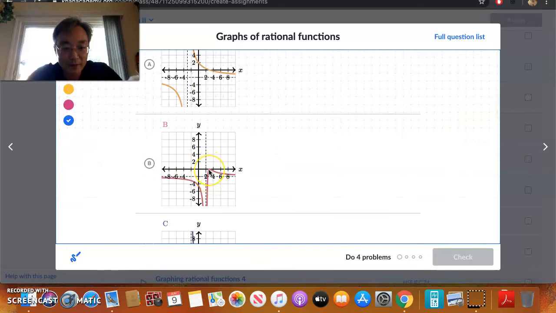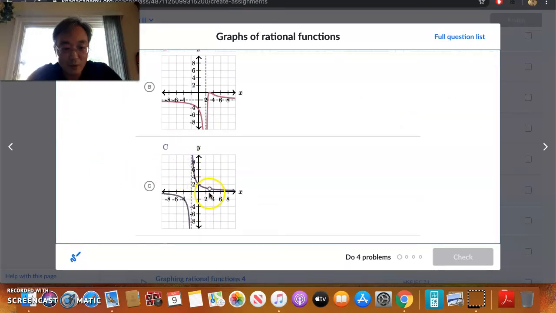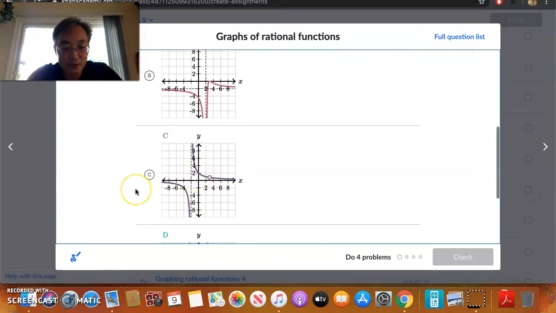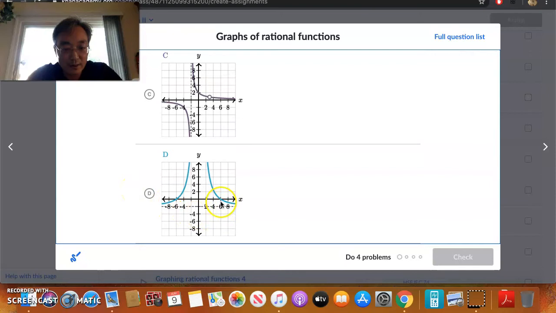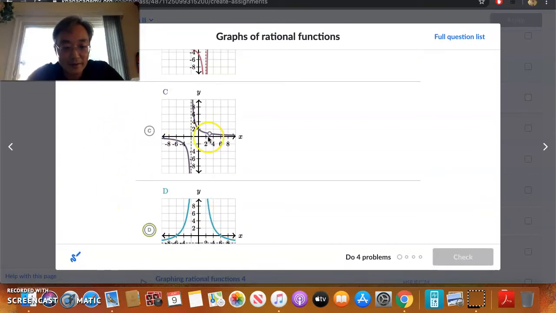Here we have a 0 at 3 and nothing at negative 3. We have a hole at 3. Here there's a vertical asymptote at 2, and we have a 0 at 6 and negative 6, so this can't be it. Sorry, this could be it right here, correct? That could be it.